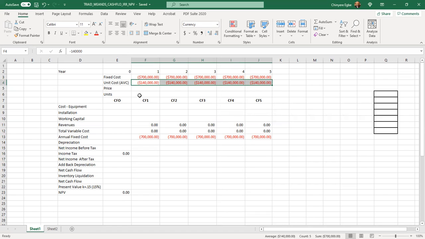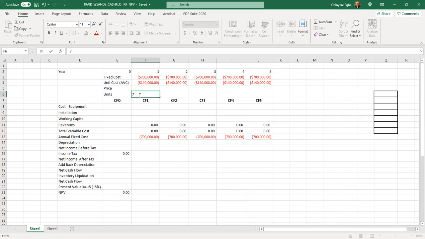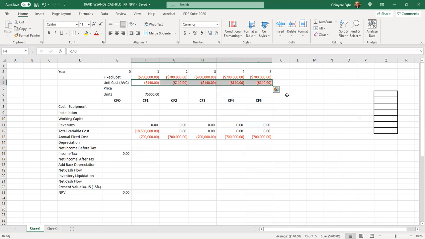But you're going to produce a certain number of units per year. You're going to produce 75,000 this year. So what will be your total cost? It's not 140,000, it's 140 per unit. So if you produce 75,000, your total cost will be 140 times 75,000.